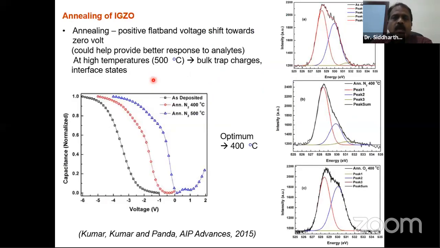Coming back to annealing, this processing plays a very critical role. It seems that by annealing at 400 degrees Celsius, the optimum annealing condition, the flat band voltage shifts towards 0 volt, and somehow that helps provide a better response to the analytes. Higher and lower temperatures did not give as good a performance.